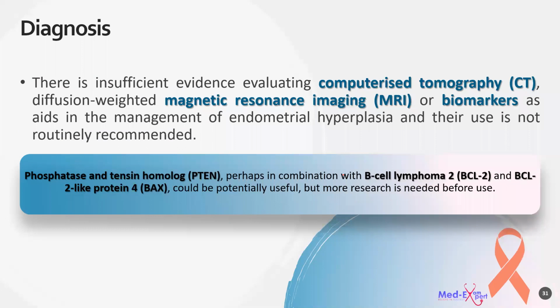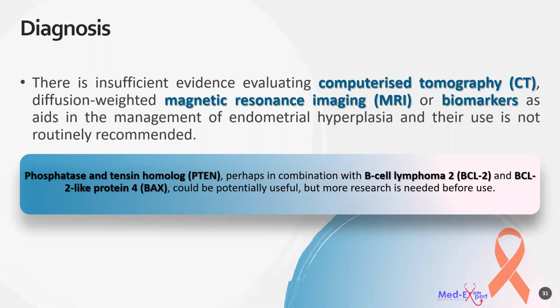Other modalities like CT, MRI, and biomarkers have very little role in diagnosing endometrial hyperplasia, so their use is not recommended. Maybe they have a role in detecting cancer, but for endometrial hyperplasia, the role is very minimal.